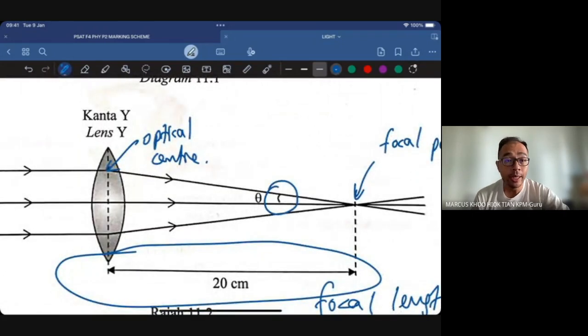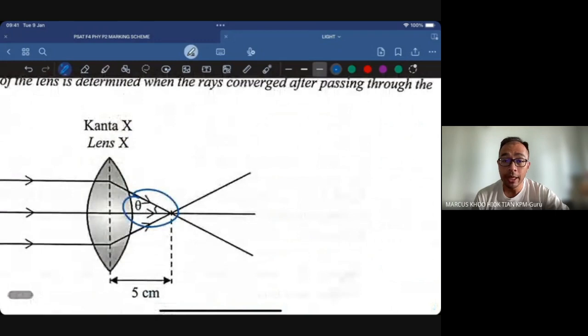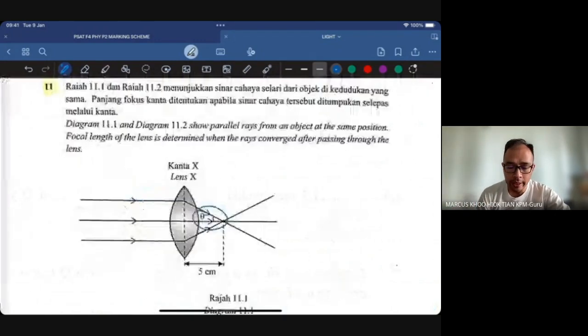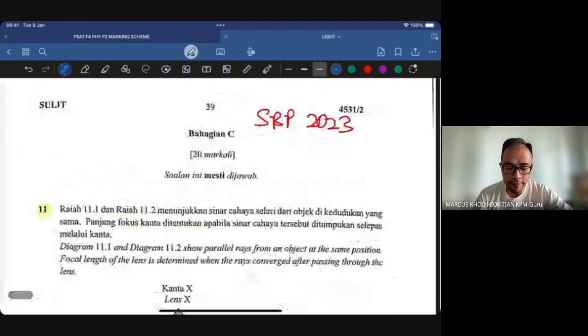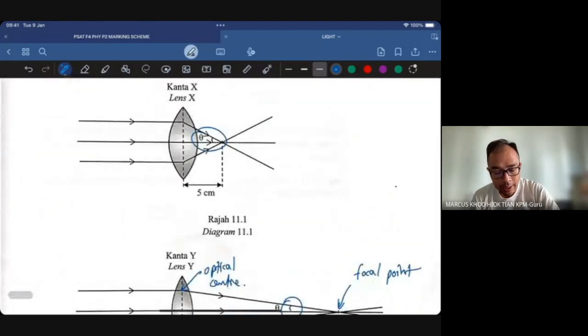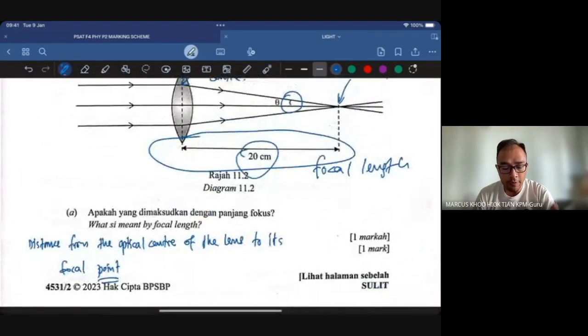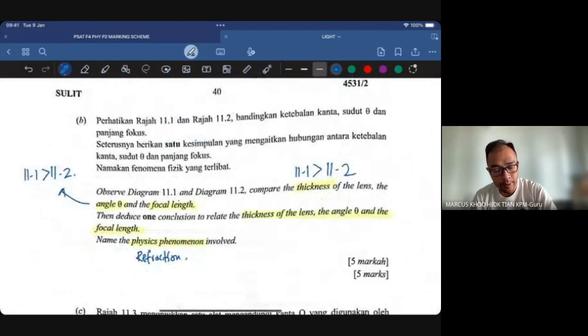It seems that 11.1 has a bigger angle. If you're not satisfied, use a protractor, go ahead. So the angle with 11.1 is bigger than 11.2. The focal length is here, 5 cm compared to 20 cm. Of course, 11.1 will be smaller than 11.2.